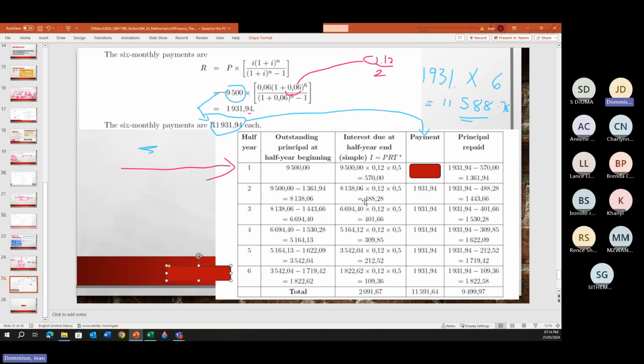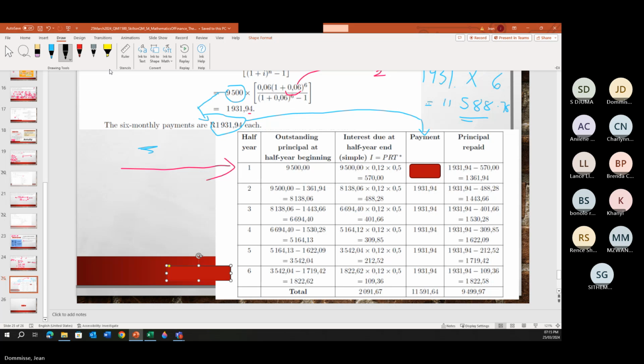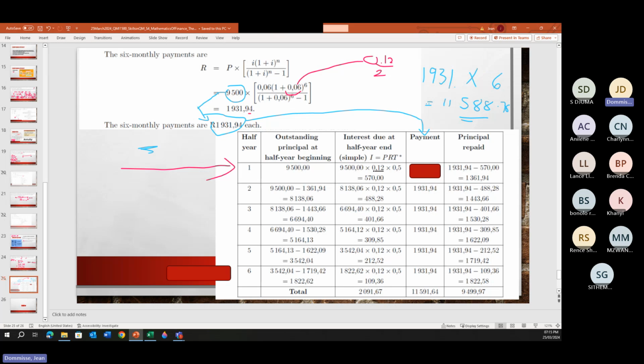The other way is to say, but let's work out what that interest is for the first one. So we know from the first part of the work that we did, for your interest payment, it is your principal, which is 9,500, times your interest rate times the period.